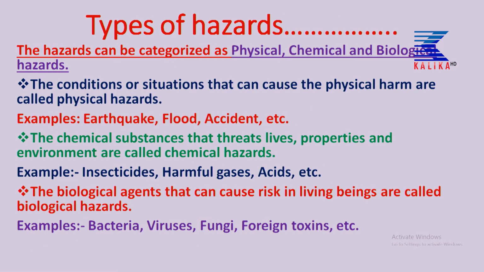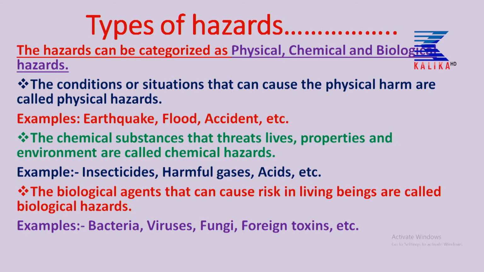Types of hazards, again: the hazards can be categorized as physical hazards, chemical hazards, or biological hazards. What does it mean? It means that a condition or situation that can cause physical harm is called a physical hazard. For example, direct killing or destruction of infrastructure.